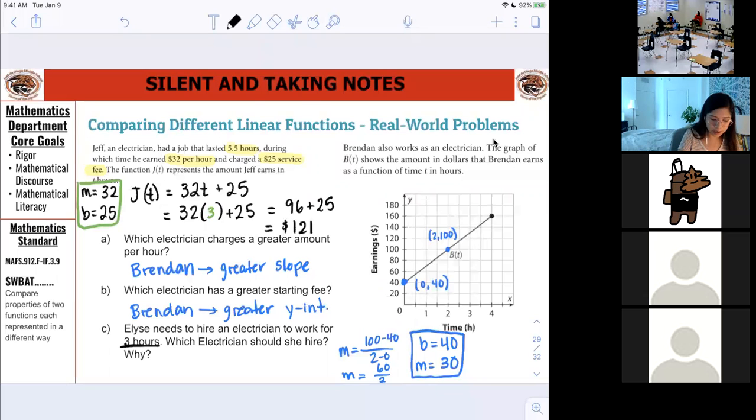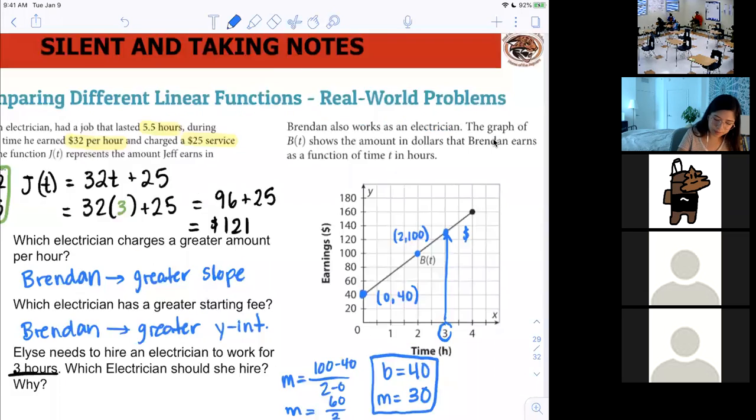And then for Brendan, I'm going to look at my graph. If he's working for 3 hours, that seems to be pretty much right in between 120 and 140. So this seems to be about how much? I'll zoom in.